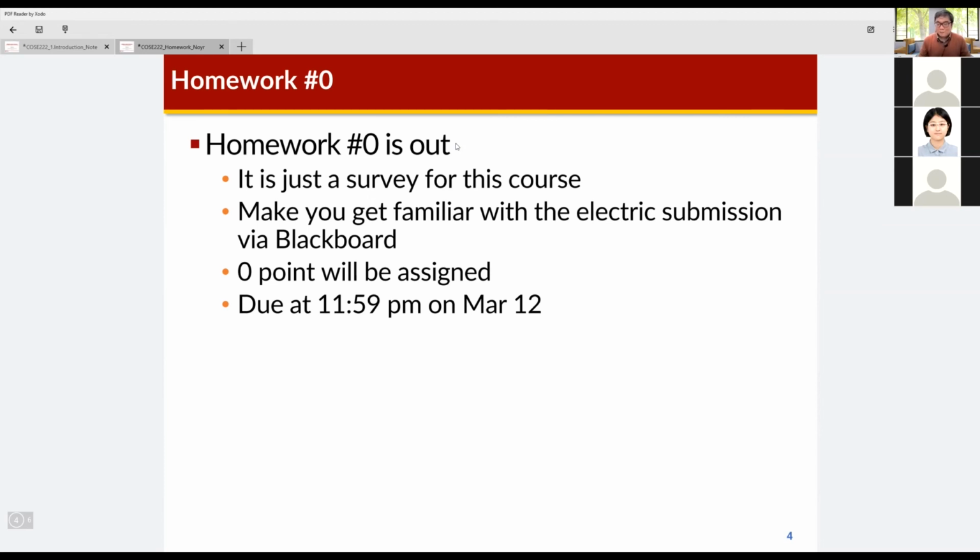Okay, but I generated this homework to make you get familiar with electronic submission via Blackboard. So just remember that you need to use the PDF format for this homework.